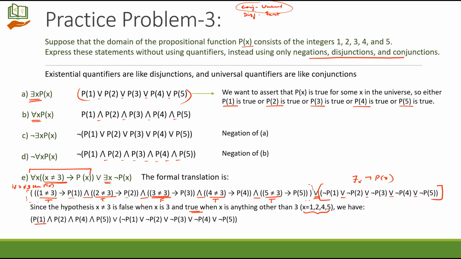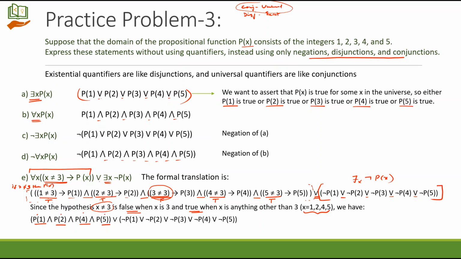So, whenever we have a true statement, those P of x values alone are picked up in conjunction. So, this is P of 1, P of 2, P of 4 and P of 5. Since x is not equal to 3 is mentioned and it is false here, we are not mentioning P of 3 here. So, only 1, 2, 4 and 5 are taken under conjunction.